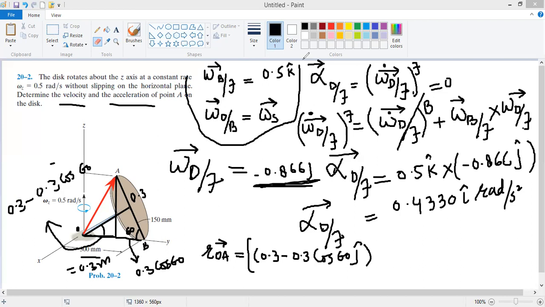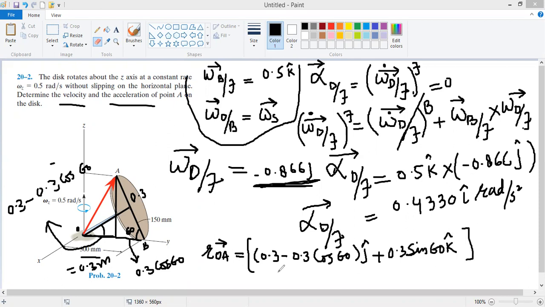Okay, let me again clean this. Along j cap plus 0.3 sine 60, sine of 60 k cap. Fine, we'll close it.